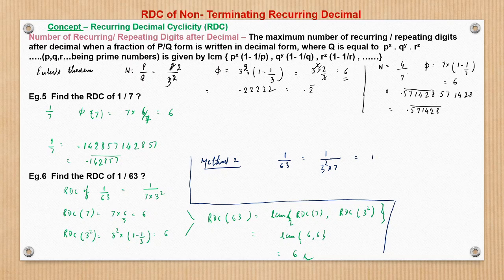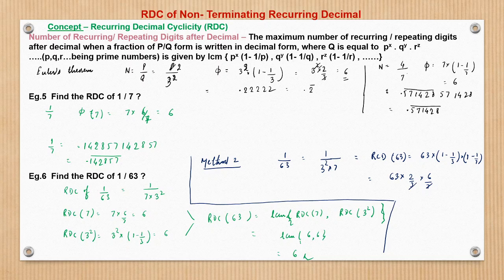So the RDC of 63 is nothing but the number 63 into the different prime numbers we have: 1 minus 1 upon 3 into 1 minus 1 upon 7. This is what we have written in the formula here. So it becomes 63 into 2 by 3 into 6 by 7.